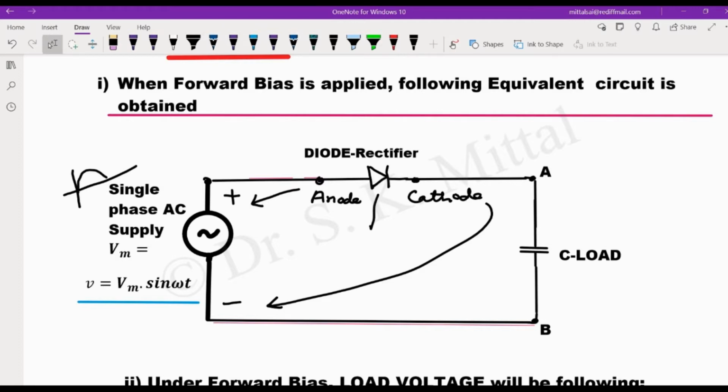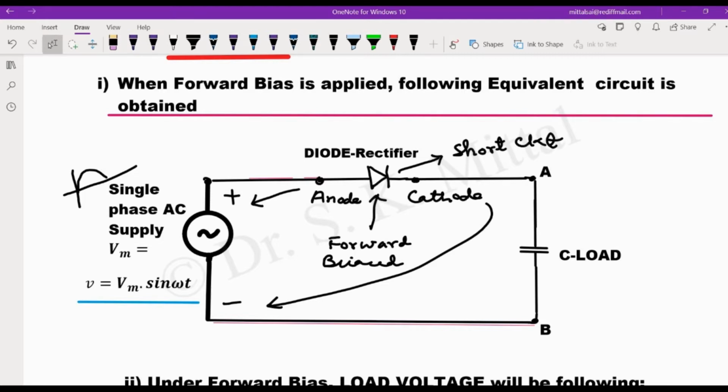So in this case, this diode is forward biased, meaning when the positive half supply is applied, the diode is forward biased. In case of forward bias, the diode is represented by a short circuit, because under forward bias, the diode offers a very low amount of resistance.